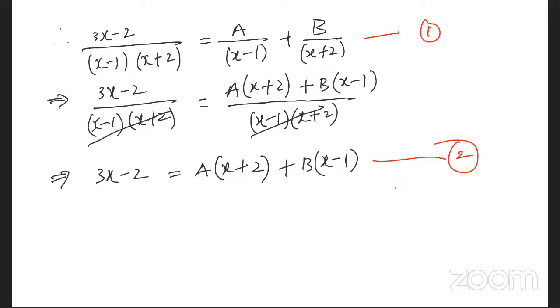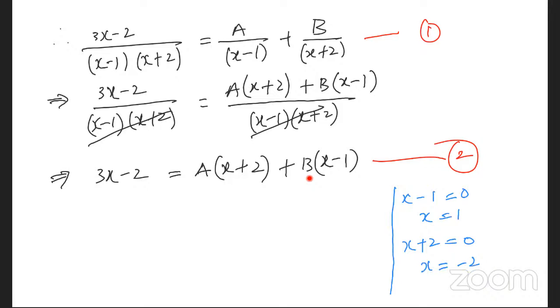What are the factors we have? x minus 1 and x plus 2. We shall substitute these factors and find the values of A and B. If these are equal to 0, x is equal to 1 and x is equal to minus 2.